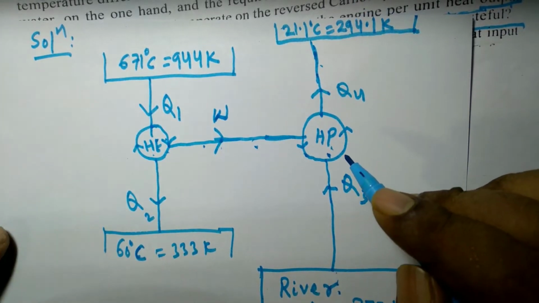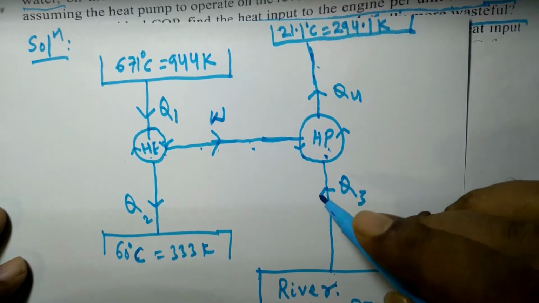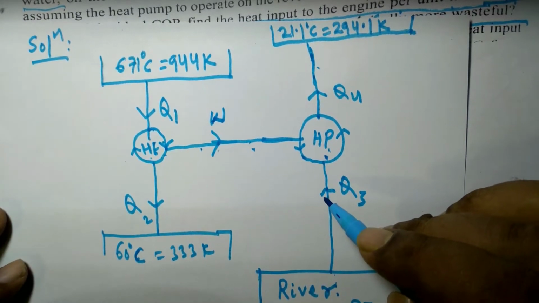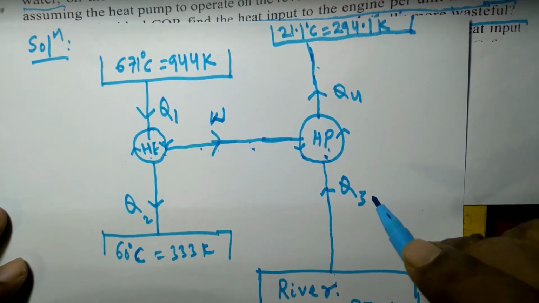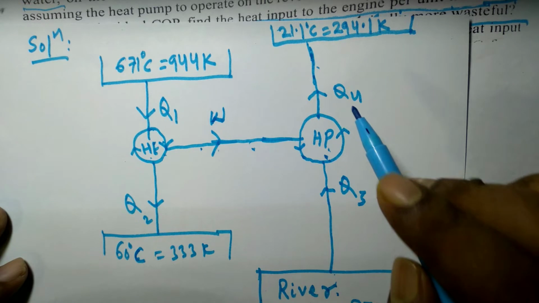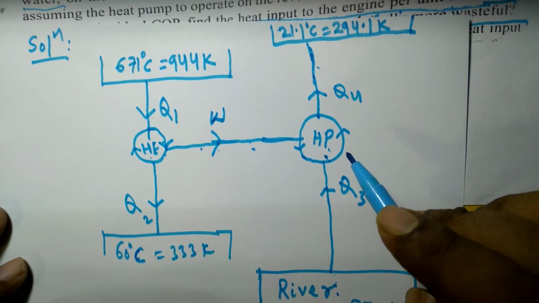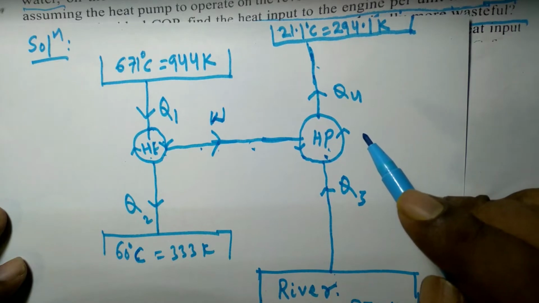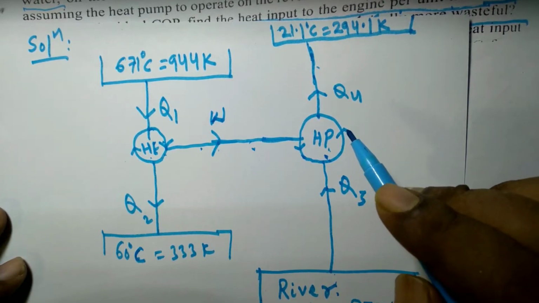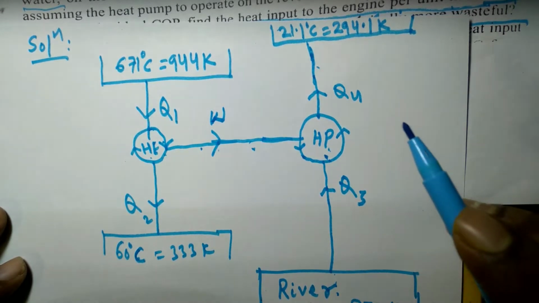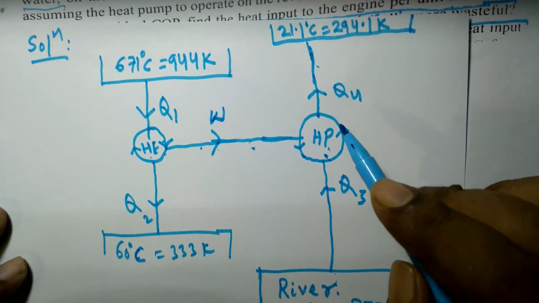And another important thing that is mentioned in the question is, there is a temperature difference between the working fluid and the reservoir, which should not be there in case of a totally reversible heat engine or heat pump. Whenever a heat engine or heat pump or refrigerator operates in a totally reversible manner, there should be neither any internal irreversibility effect nor any external irreversibility effect.